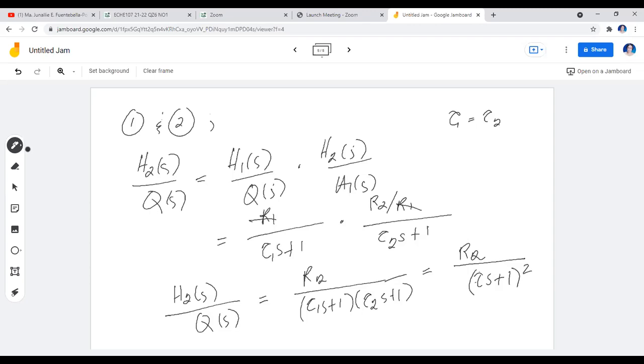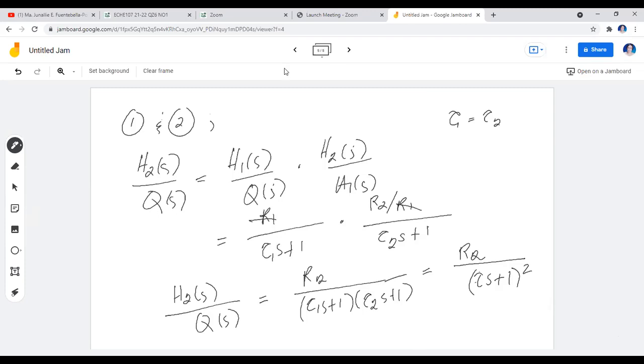So this is your overall transfer function for a two-tank system having non-interacting relationship. Okay? H sub 2 of S over Q of S is equal to R sub 2 divided by the square of tau S plus 1.